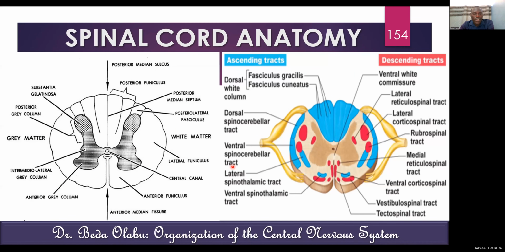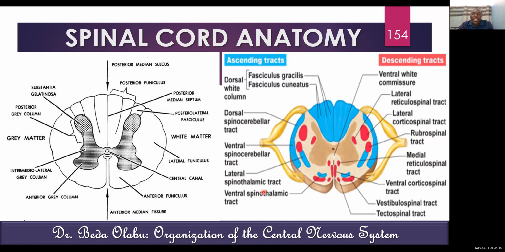Important to note is that the spinal cord white matter contains tracts. I've put this image here not for discussion, but to trigger your understanding that there are several tracts within the spinal cord white matter. Some of them are going up, called ascending, carrying sensory information. Some are going down, called descending, carrying motor information.